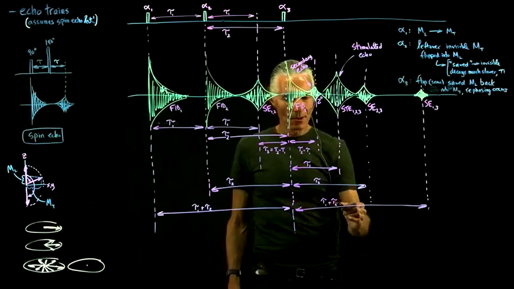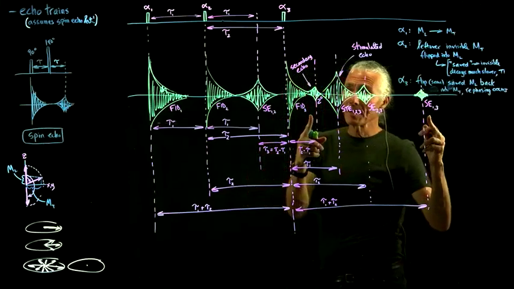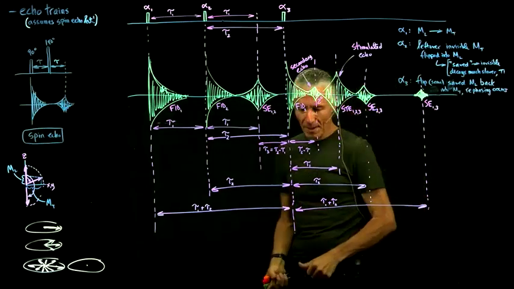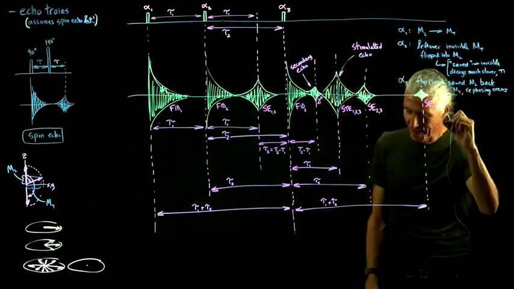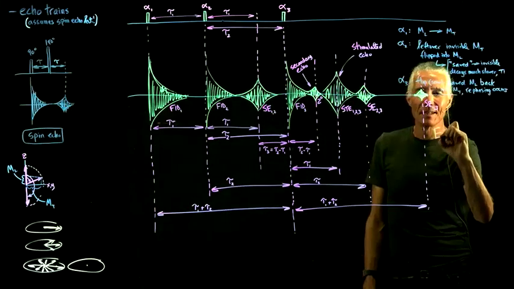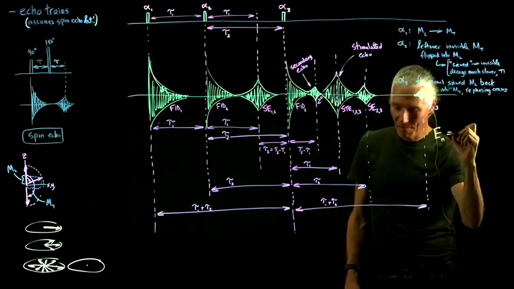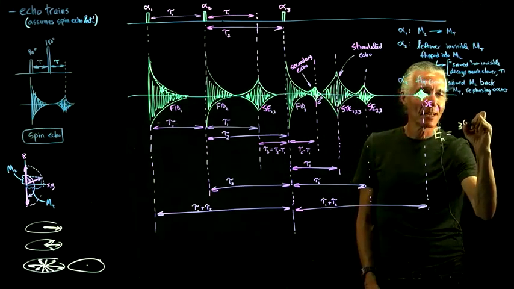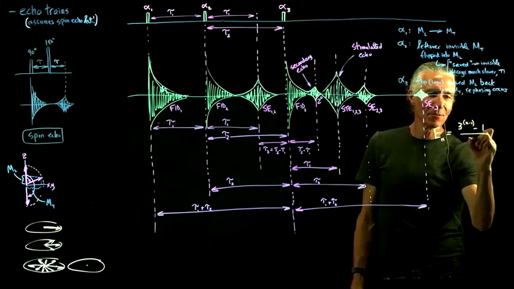So 3 pulses will give you 4 echoes after the pulses end, and then another echo in between before you did the third pulse. So there's an equation for how many echoes you get, and so the equation is the number of echoes is equal to (3 to the n minus 1) minus 1, over 2.